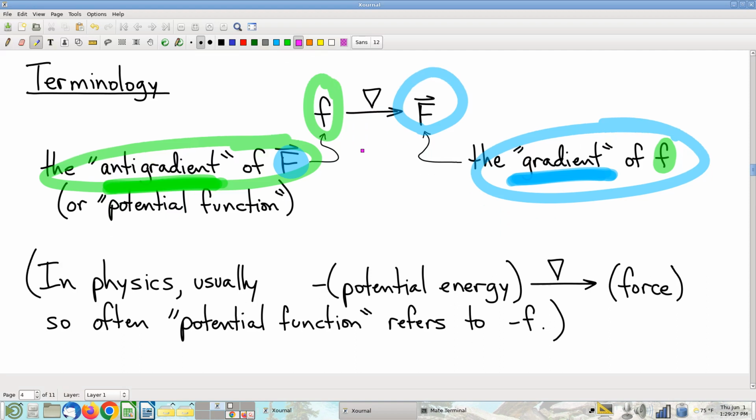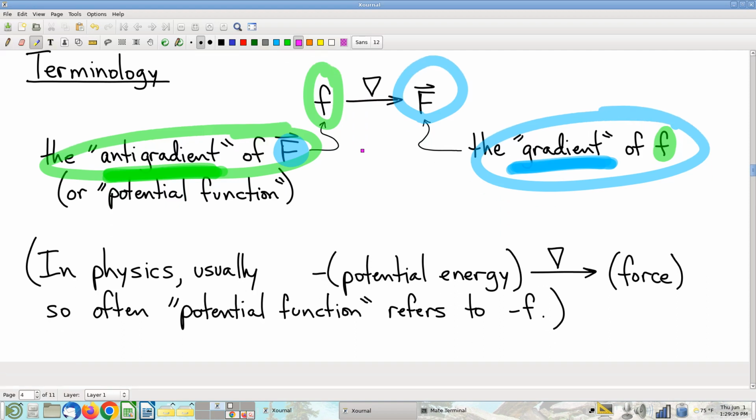Okay, now what are you going to hear most often, especially in engineering and physics classes? Sadly, from my point of view, you won't hear the term antigradient very often. They like to use the word potential function, right? So where does that come from?